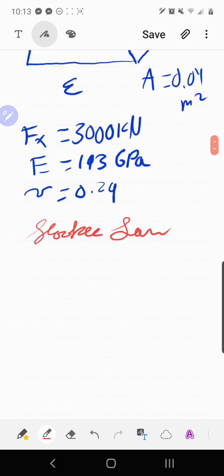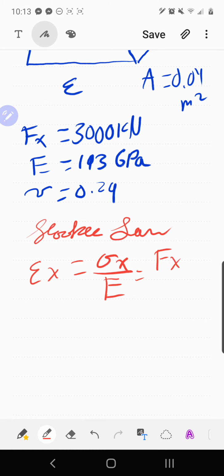Does anybody remember what Hooke's law is? Well, in the event that you are not remembering, I'll write it down here. Sigma x over modulus of elasticity is also equal to force x over E times A. Fx being the tension force.